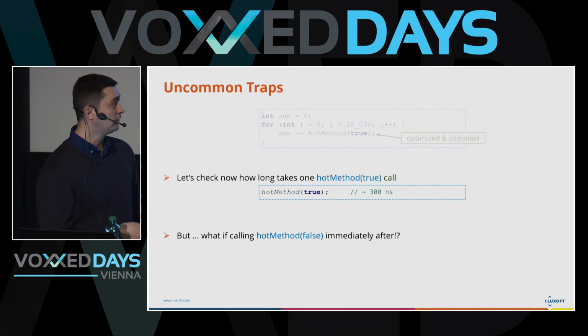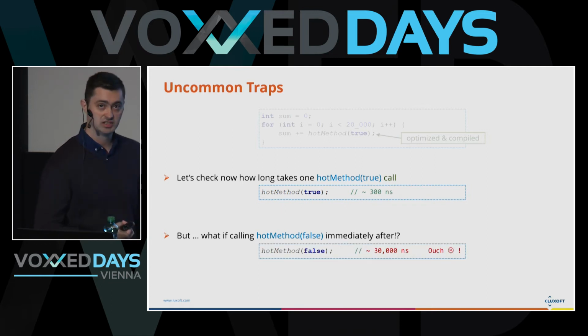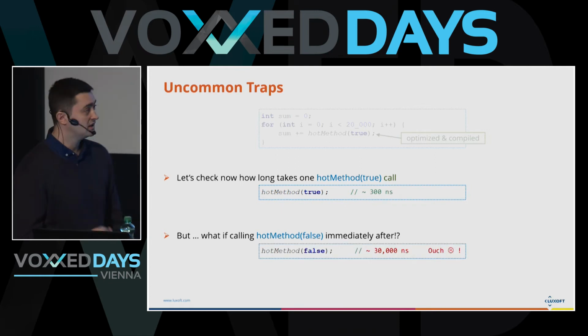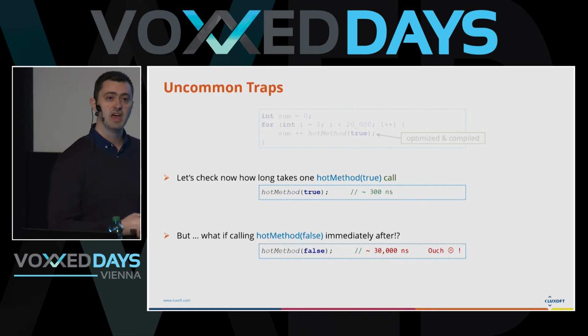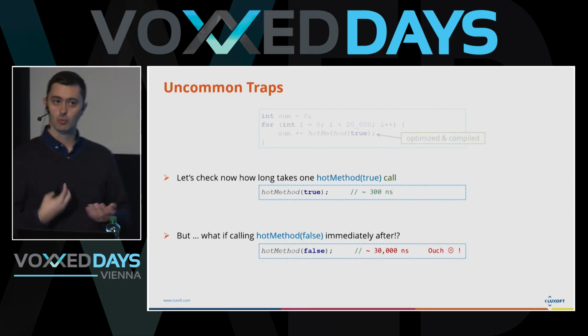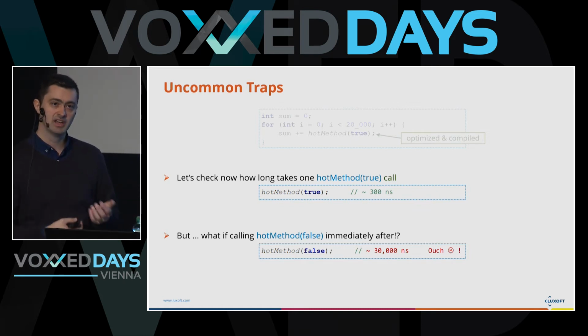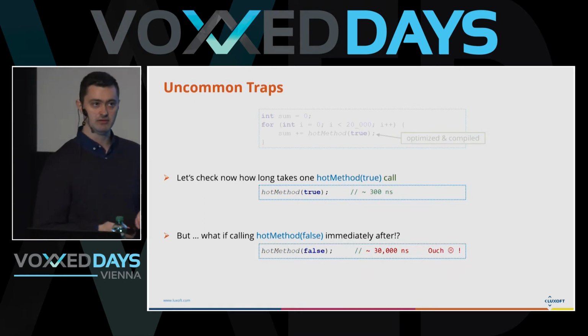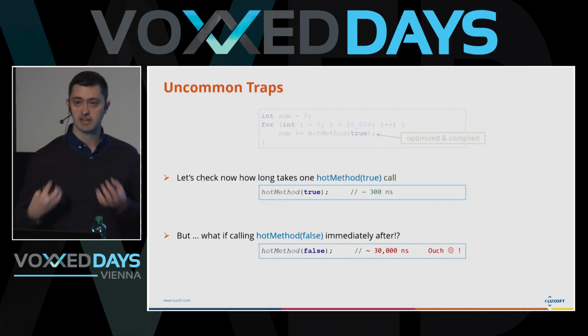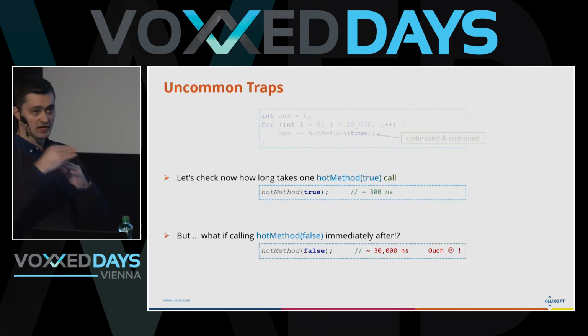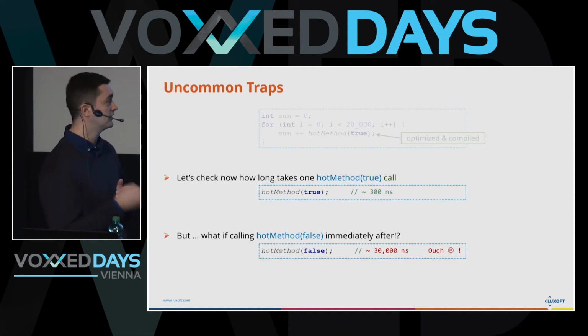Calling the method with false immediately after and measuring the time elapsed, we see that one iteration took about 100 times more than the previous one. And it leads me to the question why. What happened under the hood inside the JVM, from the just-in-time compiler perspective, to have such a big difference between these two calls? Just two calls in a sequence.